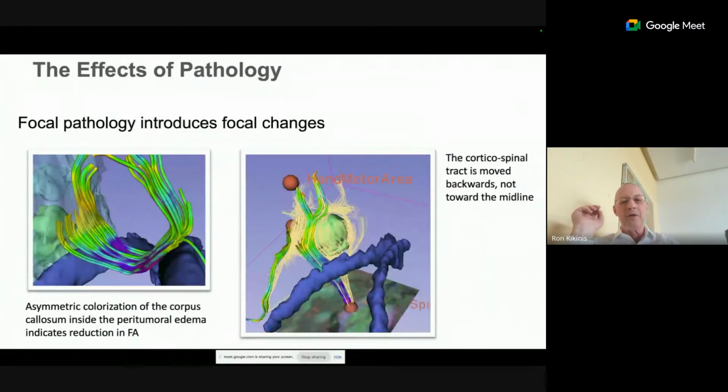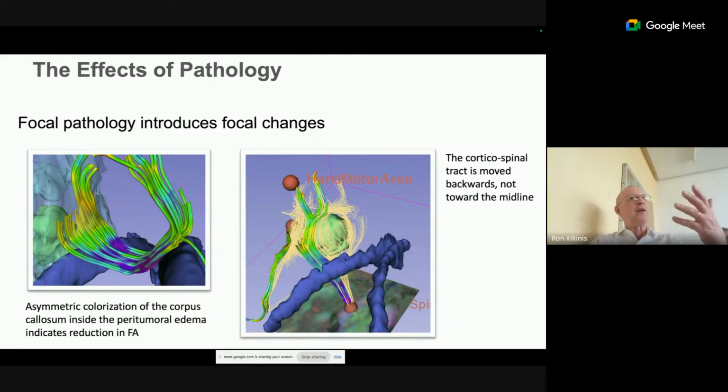And what you notice is that the tumor has pushed those fibers not towards the ventricle and the midline, which is what I would have predicted, but has pushed them to the back. And this is, of course, critical information if you want to do surgery and tumor resection. It's important to know where the corticospinal tract is.